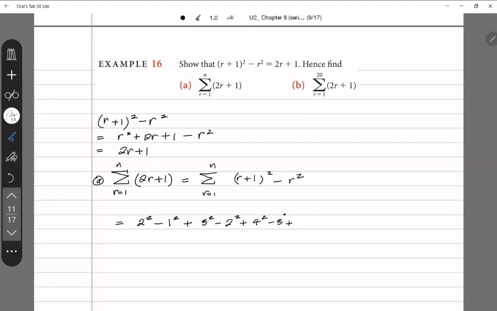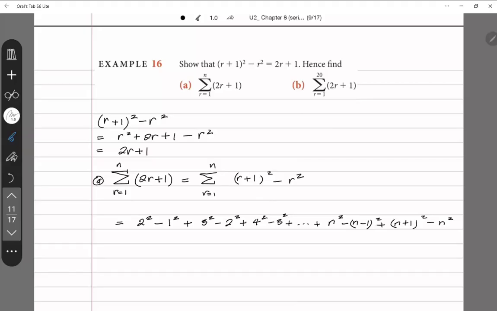I can't write all of them. So next, the n minus 1 term would be n minus 1 plus 1 squared, which is just n squared minus n minus 1 squared. Then the nth term would be n plus 1 squared minus n squared.